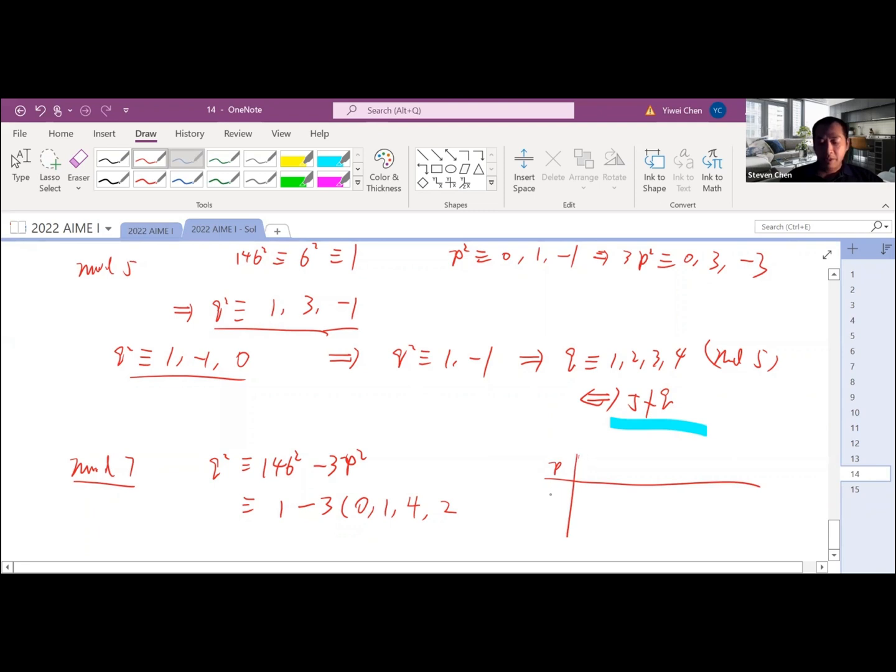Let me put down the congruent numbers of p and p squared. So p is 0, 1, 2, 3, and so on, and p squared is 0, 1, 4, 2. Yeah.